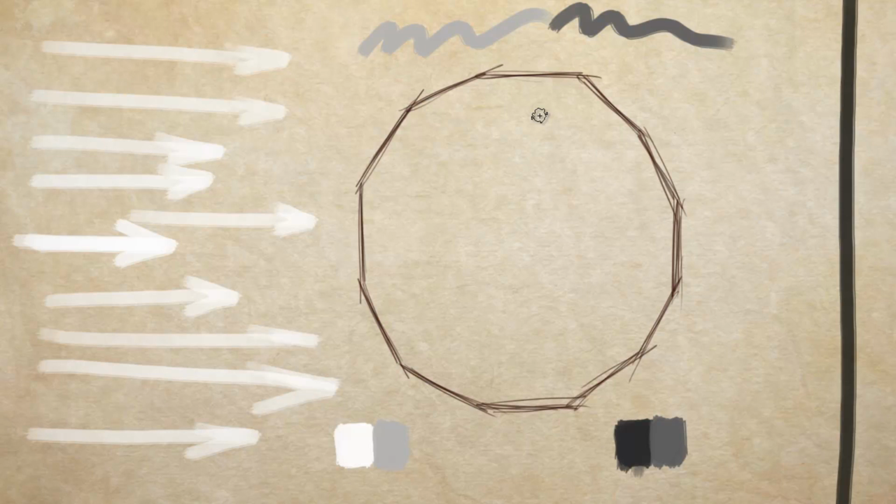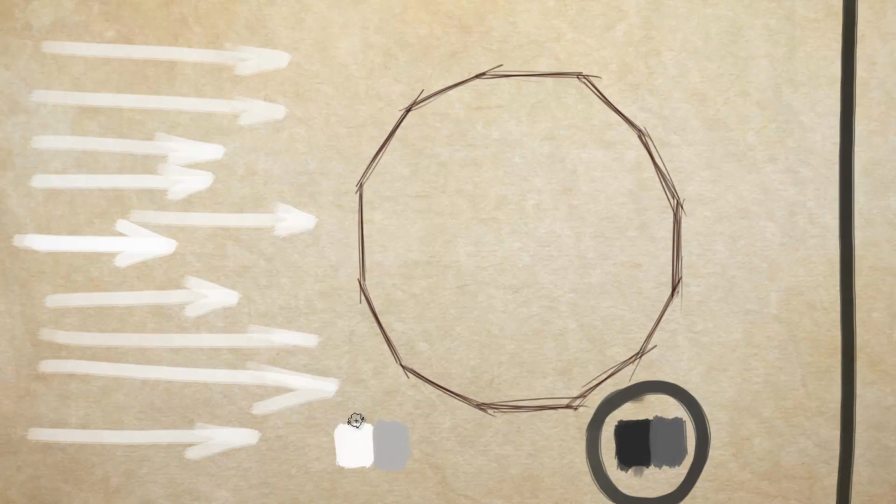Does that make sense? It means your midtone is never going to be as dark as your reflected light, and your reflected light is never going to be as light as your midtone. So that keeps these in their own family.